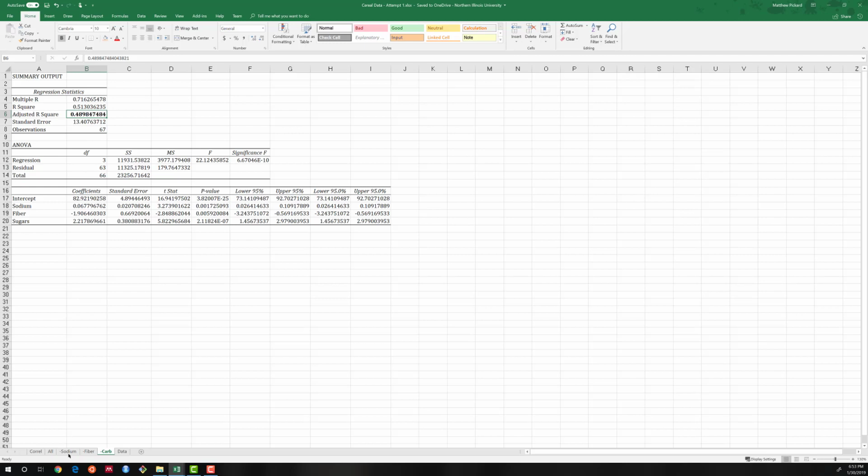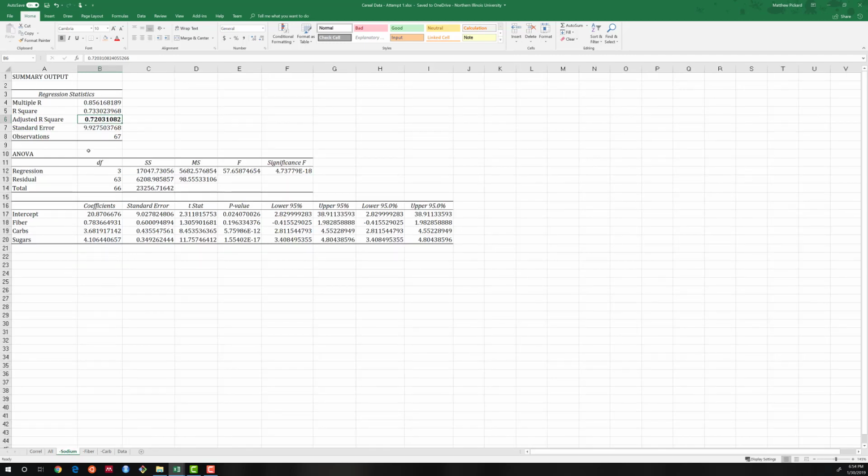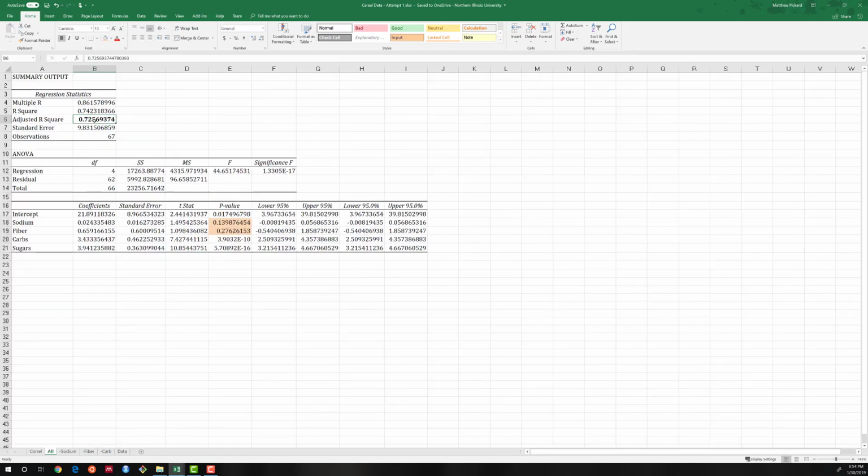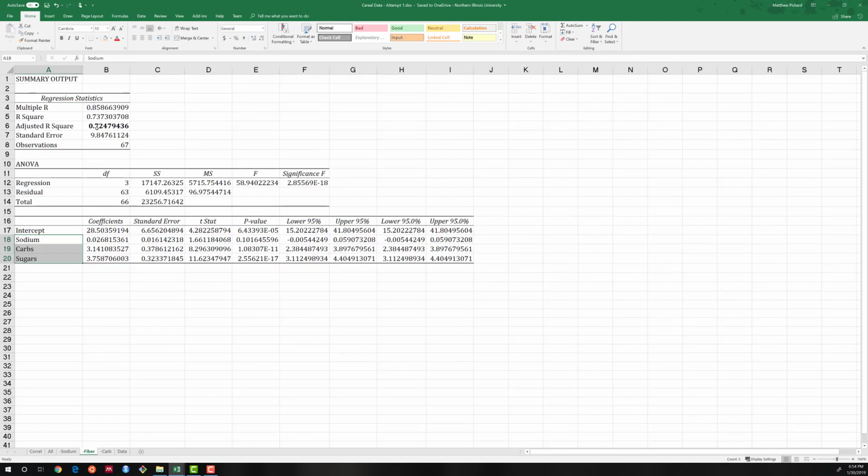Now, just a side note, let's say we decided that 0.720 isn't really that big of a difference from 0.725. Same with fiber, it went down to 0.724.